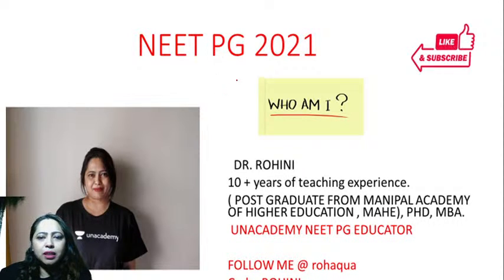I'm Dr. Rohini. We are going to discuss today about the brachial plexus, injuries of the brachial plexus. So yesterday we spoke about the brachial plexus, the nerves that arise from the brachial plexus. You know that in the head and neck region you have this cervical plexus.